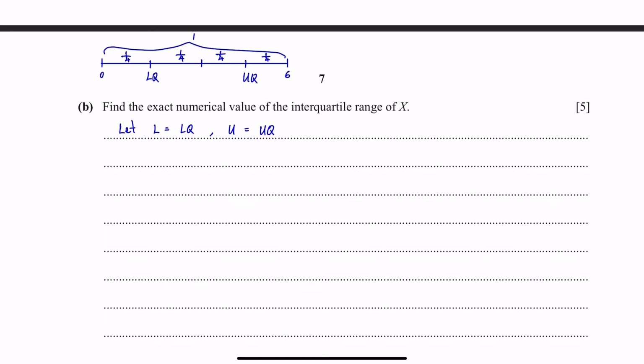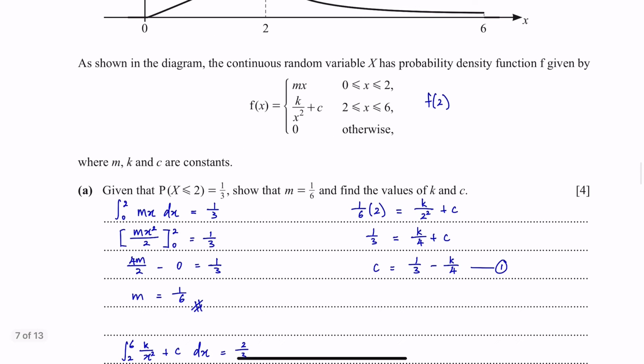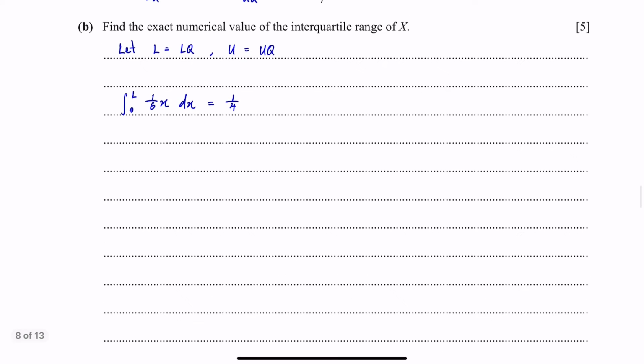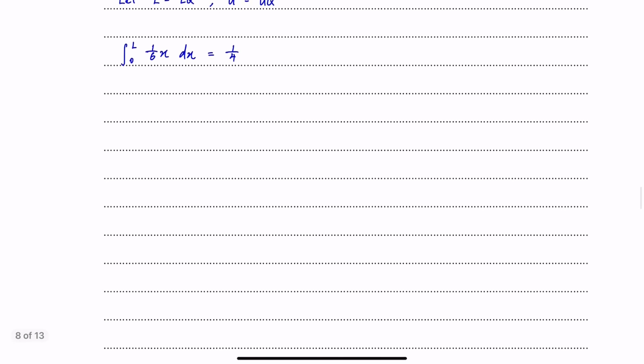So we just need to integrate the graph of mx, which is 1 over 6 x. We integrate it from 0 to the value of our lower quartile. So from 0 to L, we integrate the 1 over 6 x graph to get 1 over 4. So this way we can find our lower quartile.